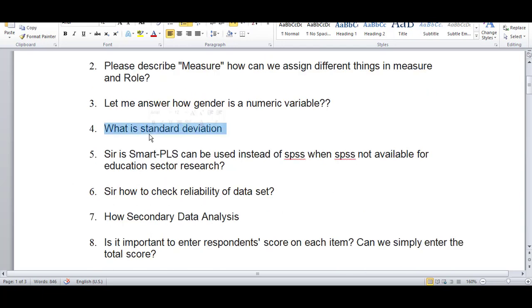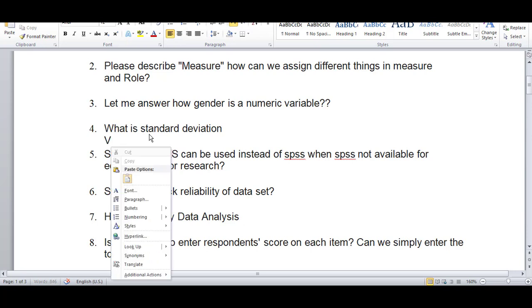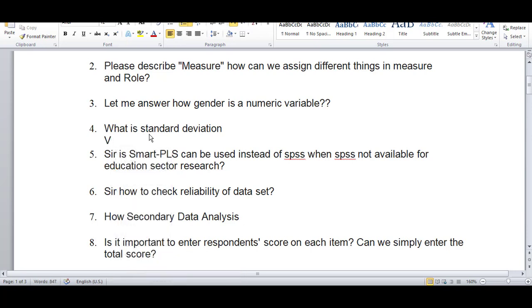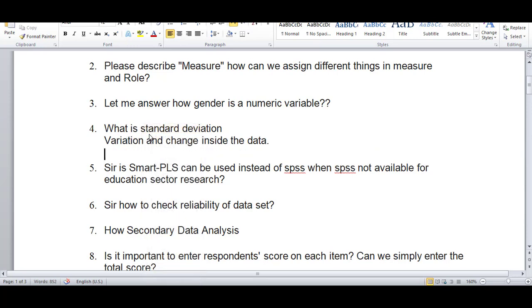Number 4, what is standard deviation? Standard deviation is about variation, the change inside the data. For example, if you have collected test score data and your data look like this: 25, 80, 26, 90, 40, and 65.